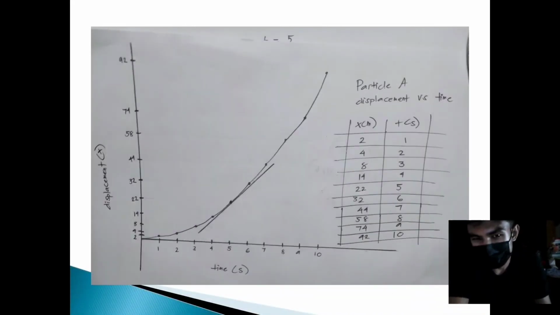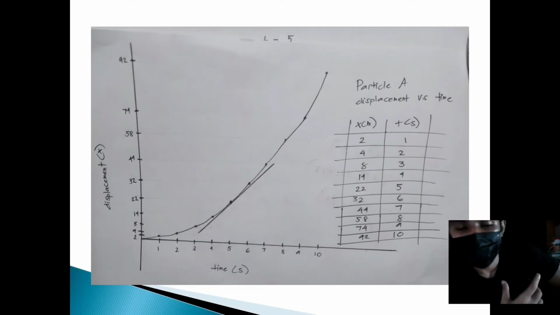Okay, so from this graph, we're going to identify a tangent line that crosses at x is equal to 5. It crosses one point at x is equal to 5. So what we're going to find first is the equation of that line.